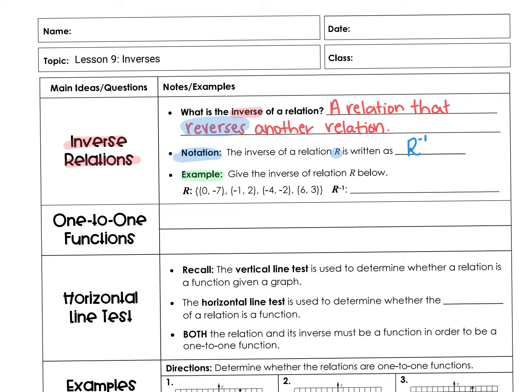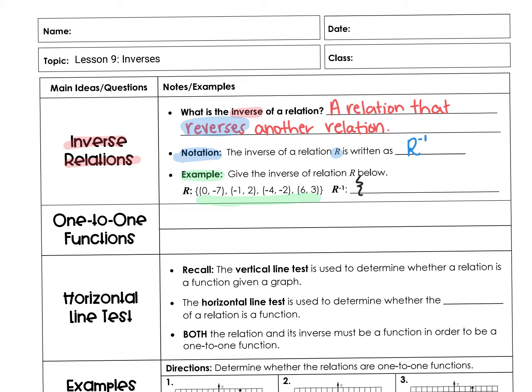Okay? So let's look at an example here. It says, give the inverse of the relation R below. So we have a set of points here, that's R. And the inverse of this relation is just going to be switching the x and the y values.